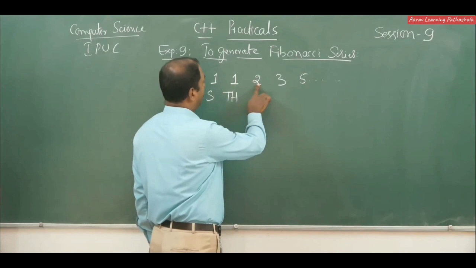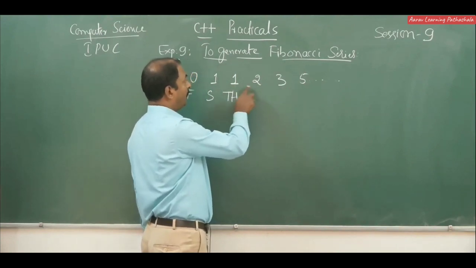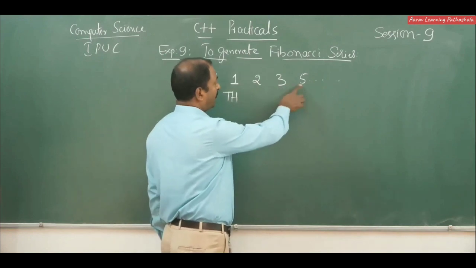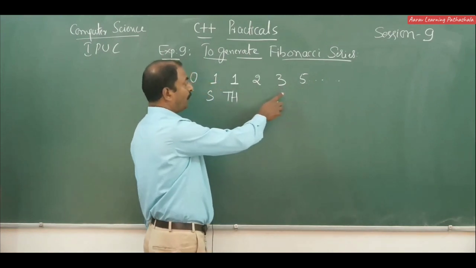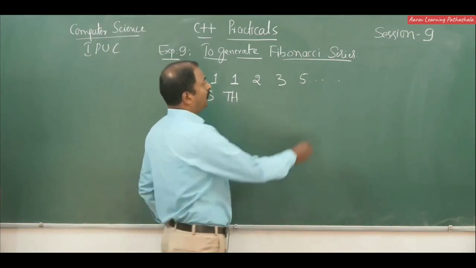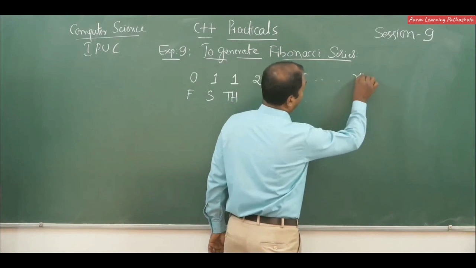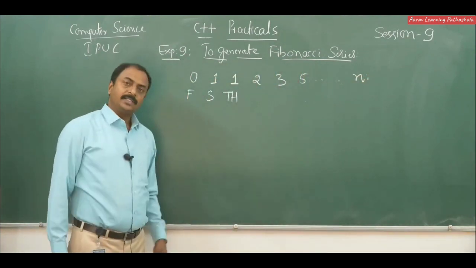Next one is to get 3, we have to add 2 plus 1 is 3. And to generate 5, we have to add the previous two values, 3 plus 2, 5. And so on, we can generate up to a limit n. So this is a Fibonacci series.